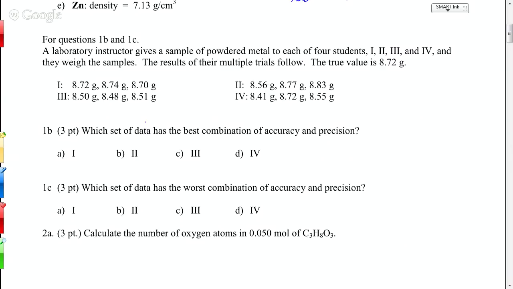But that one's actually quite precise in that they got very close to the same value each time. They got a small grouping. There's only a range of 0.03 difference in their 3 masses in number 3, even though it is way off. I think the worst combination of both is probably 4, right? The average is the furthest off, and the range is quite broad, quite wide.